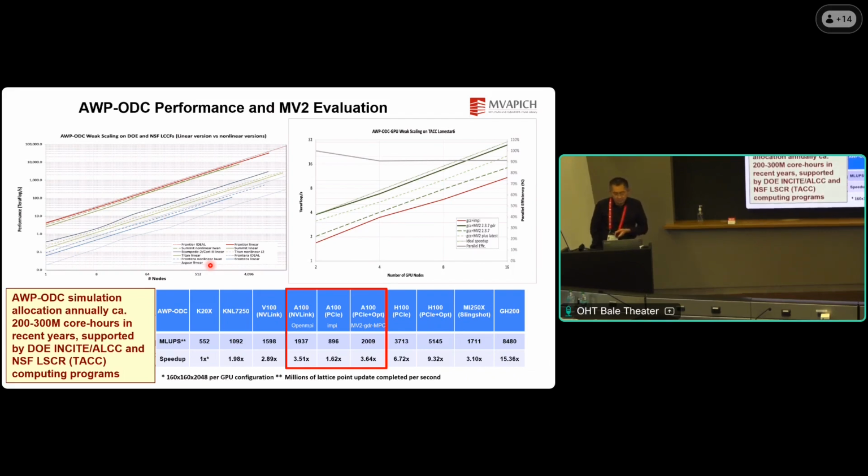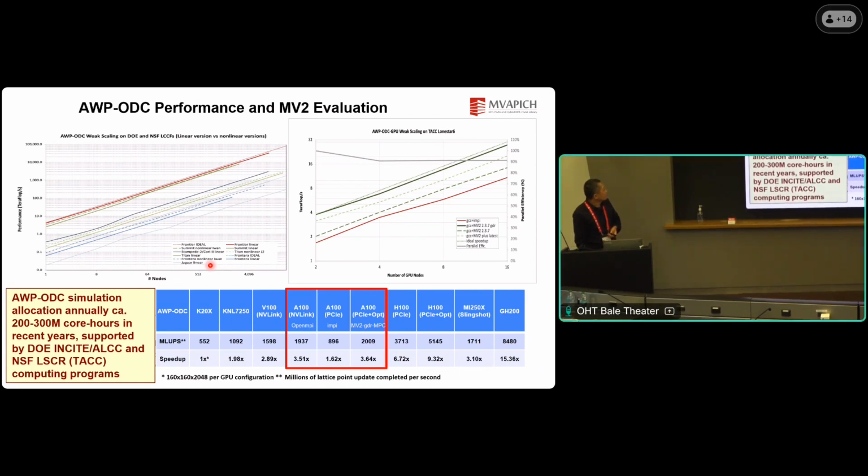So on Lonestar, without tuning, using the default Intel MPI, we get a 1.6 times speedup, but with MVAPICH and also the on-the-fly compression, we are getting a 3.8 times speedup. In the latest system, like the Vista GH200 Grace Hopper, we were getting a 15 times speedup.